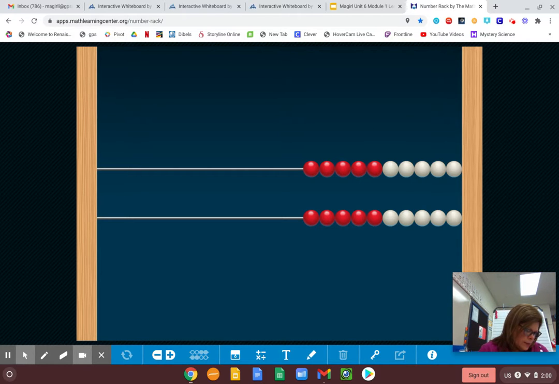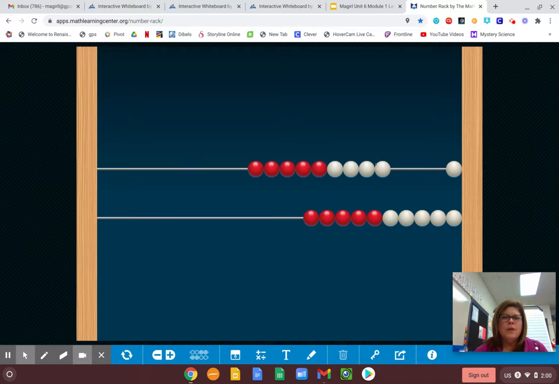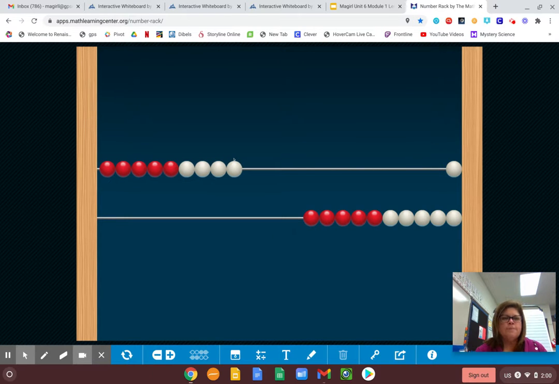Okay, so now we're going to do another story problem. This time we're going to start with the penguin went out and it ate 9 fish. 9 fish for breakfast. And then he goes back out at lunch and eats 2 more.